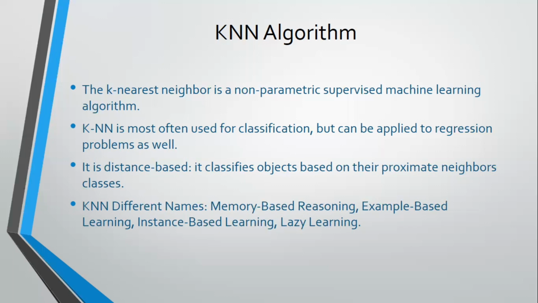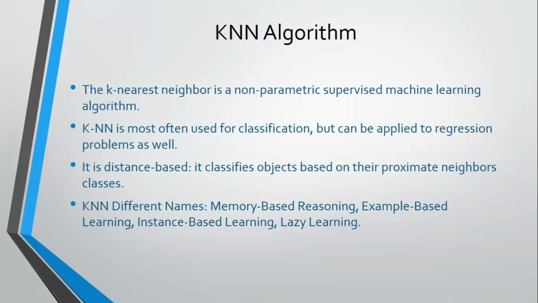There are three types of distance measures that can be used here: Euclidean distance, Manhattan distance, and Minkowski distance. Any of these three can be used, but mostly researchers use Euclidean distance.